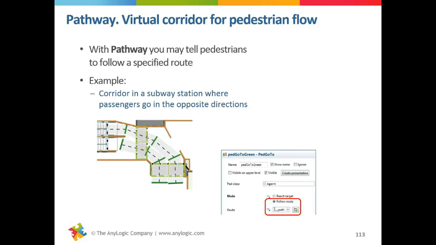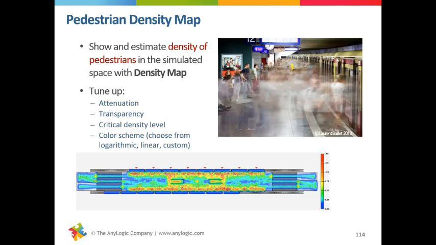Virtual corridors are created by defining the width of a path at various points along that path. The pedestrian density map will highlight areas of increasing pedestrian traffic over time.